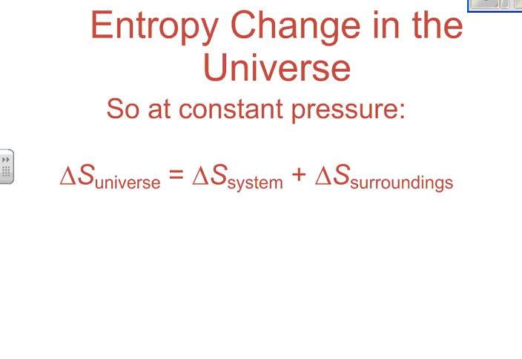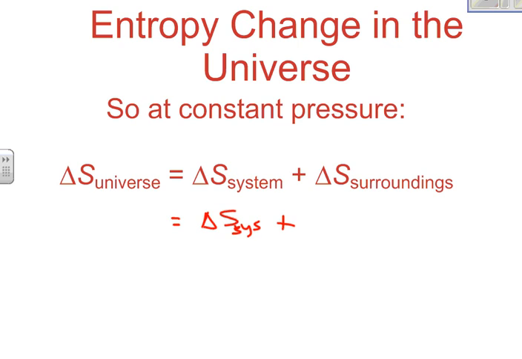So here's our entropy change for the universe. And here we can say that it is the delta S of our system plus the delta S of our surroundings.